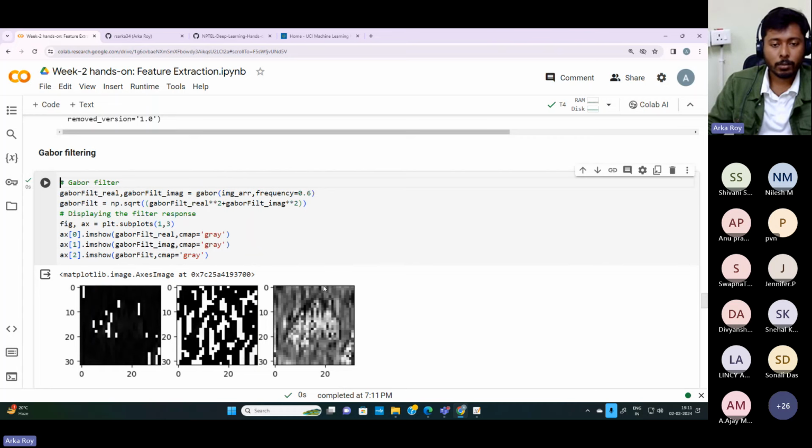So this was actually the frog image ARR. And when you take the Gabor filter magnitude output, you can see that the frog's edges are highlighted. You can see there is some extra attention given here to the edges of the frog.